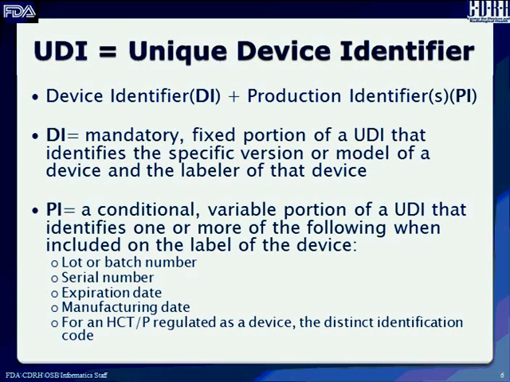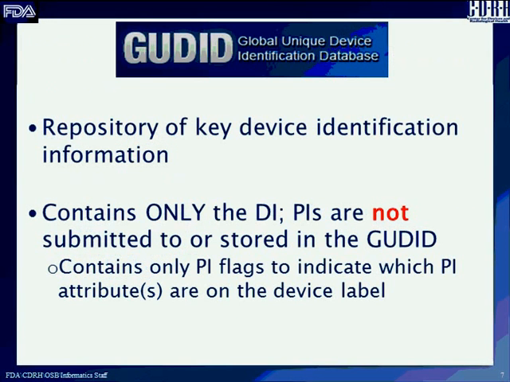Now, the GUDID, you'll hear this a lot. The GUDID stands for the Global Unique Device Identification Database. It's a repository of key device identification information. So in the GUDID, we only contain the static portion of the UDI, the device identifier portion. Production identifiers are not submitted, nor are they stored in the GUDID.